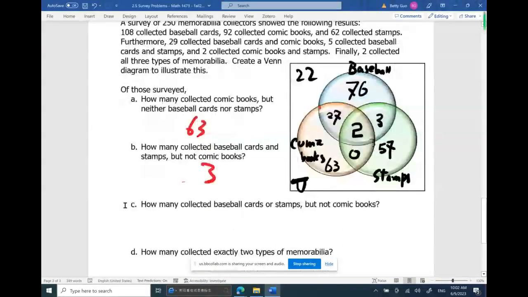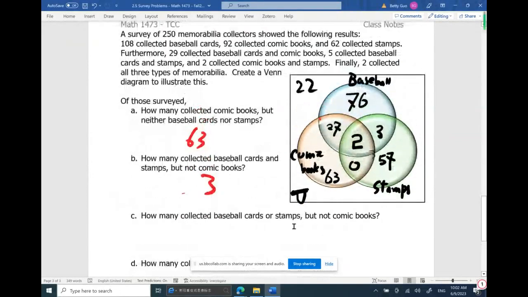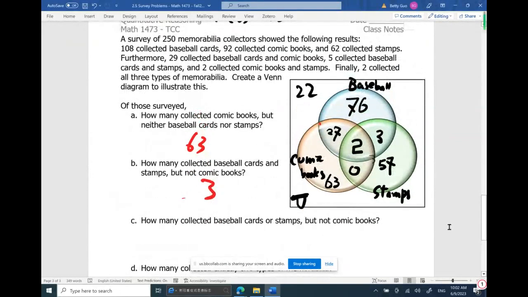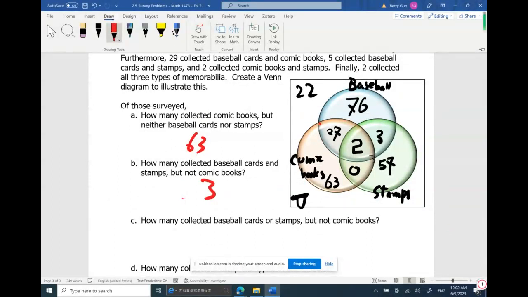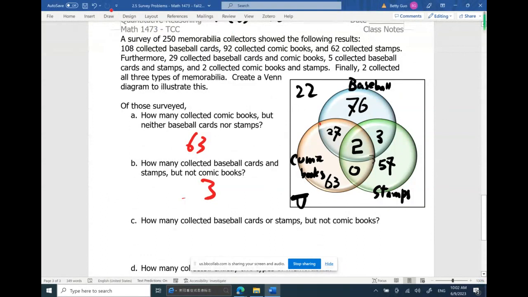Next, how many collected baseball or stamps, but not comic books? Baseball or stamps. Read the question carefully, especially the logic connective. It's very important and makes a huge difference. So baseball or stamps, but not comic books.